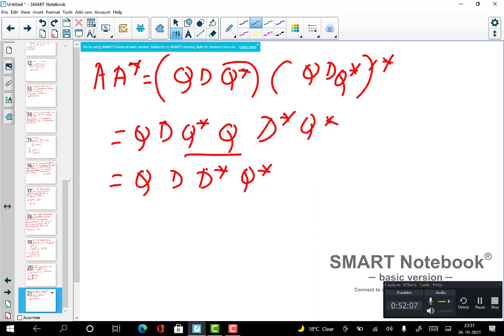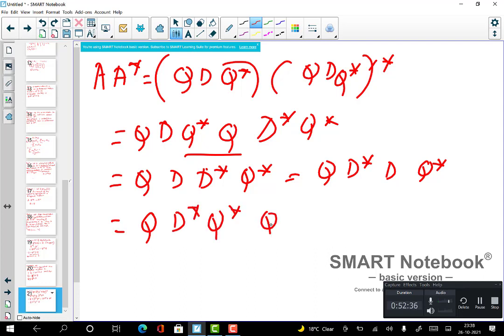But you know the diagonal matrices commute with each other, so this D D star is nothing but D star D, so you can write Q D star D Q star, right? So now you can do one thing. You can input. So what was your A? A equals Q D Q star, so you can write it down as Q D star Q star, and then Q D Q star. This identity, put it. Now this is actually A star.